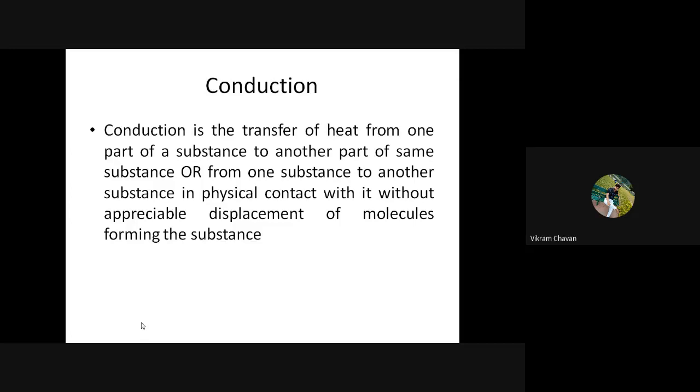So conduction is the transfer of heat from one part of a substance to another part of the same substance, or between substances which are in physical contact.